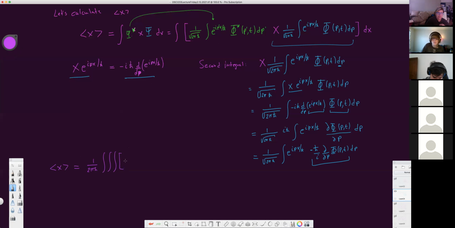And I have the, now everything's in one color now. So e to the minus i p prime x over h bar. And then I have my big phi star of p prime t.